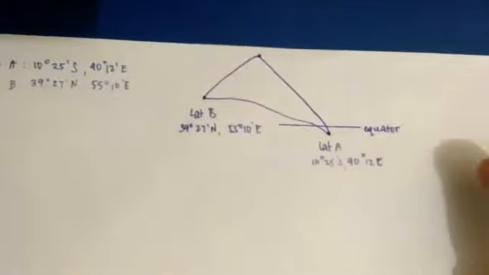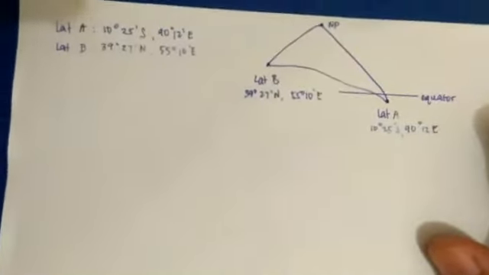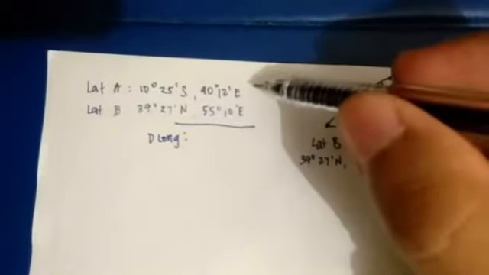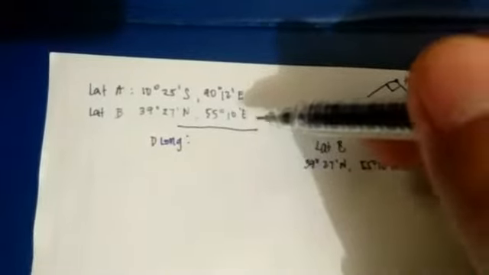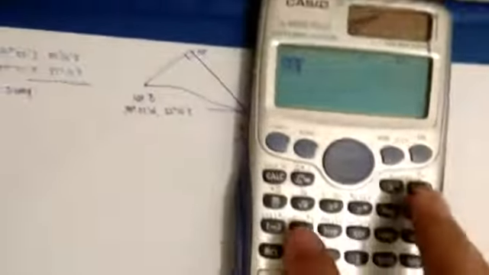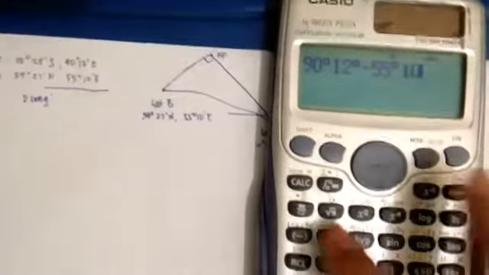Now, since we already have our equator, next we need to find our d long, or the value of P. In finding our d long, we need to use our longitude A and B. Since our longitude A and B have the same name, east, we need to subtract: 90 degrees and 12 minutes subtracted by 55 degrees and 10 minutes.